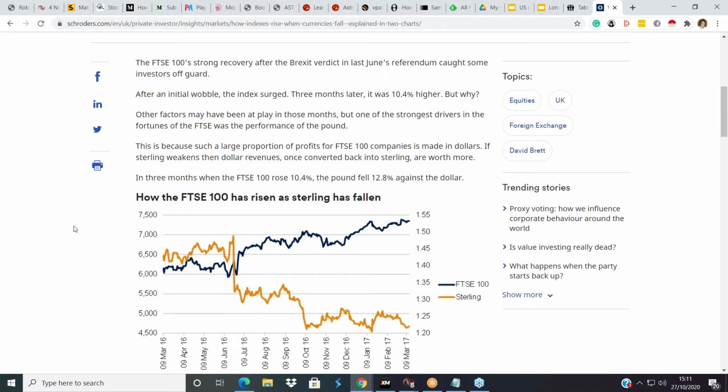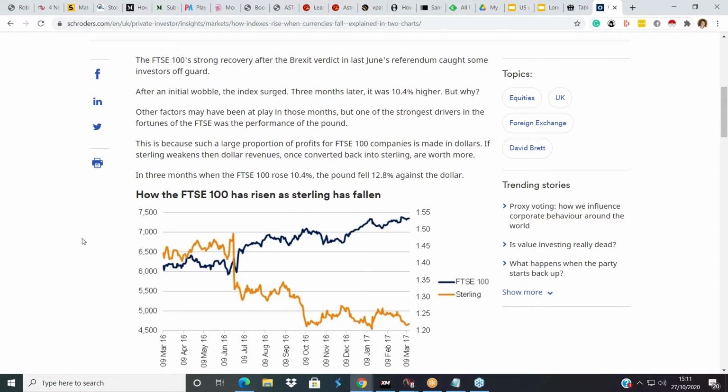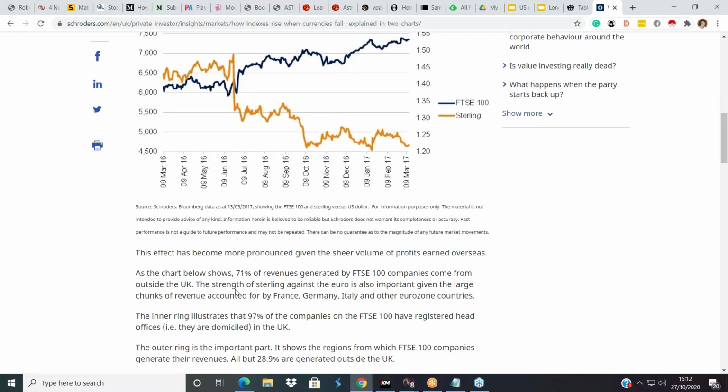The Ftse 100 was very sensitive to what was happening with sterling, and the prime reason for that is because of the weighting of the index, as it said here: 71% of the revenues generated by the Ftse 100 companies came from outside of the UK. It was heavily weighted to mining, oil stocks, commodities.